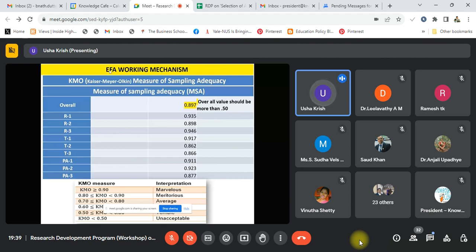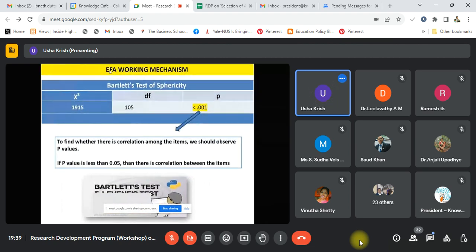And next one, the third table in EFA is preparing a table to show the results of Bartlett test. This should be done to see whether there is any relationship among the items. Now the question is how to find out. Friends, just observe p-value.